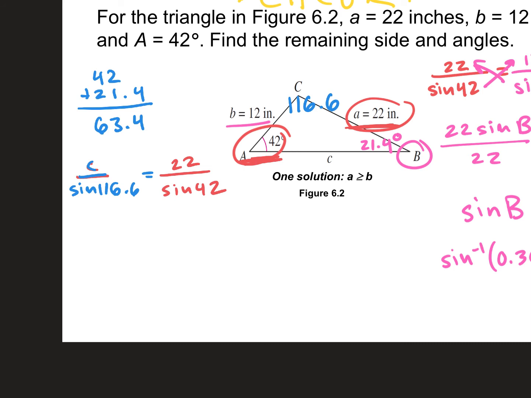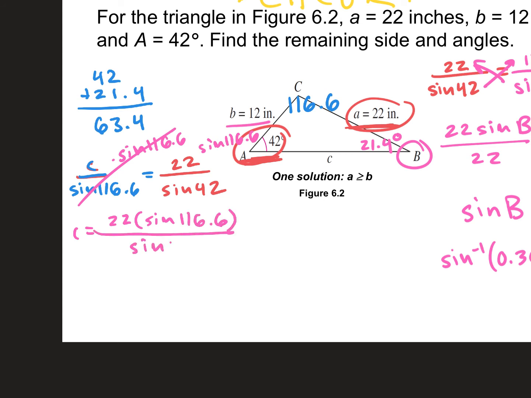Since C is on the top, I'm going to multiply both sides by sine of 116.6, so it'll cancel out on the left. So C is equal to 22 times sine of 116.6 over sine of 42. So what do you get for C? 29.4 inches. Perfect, because these were given to us in inches.